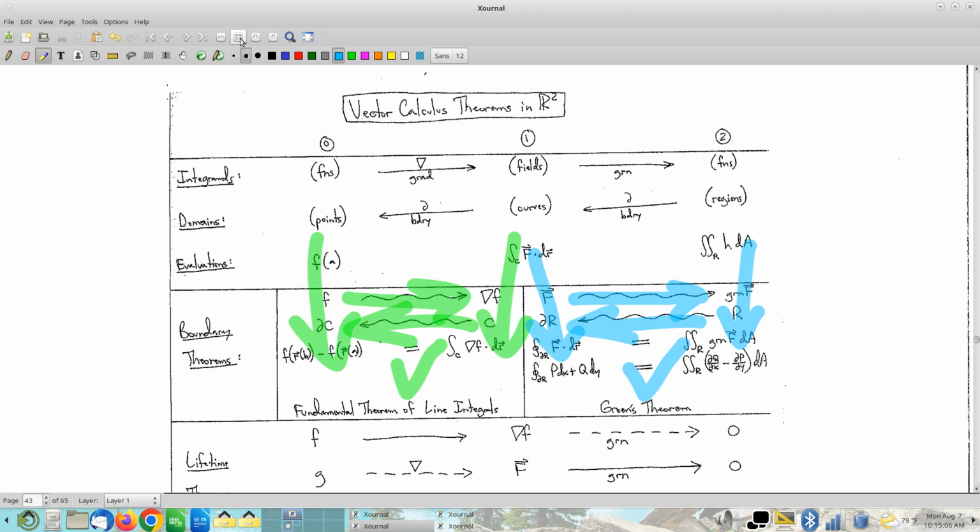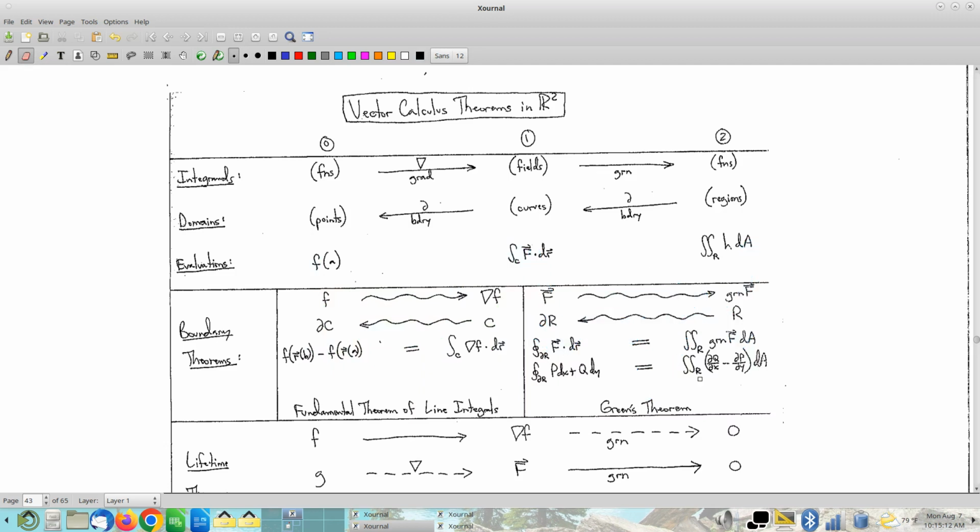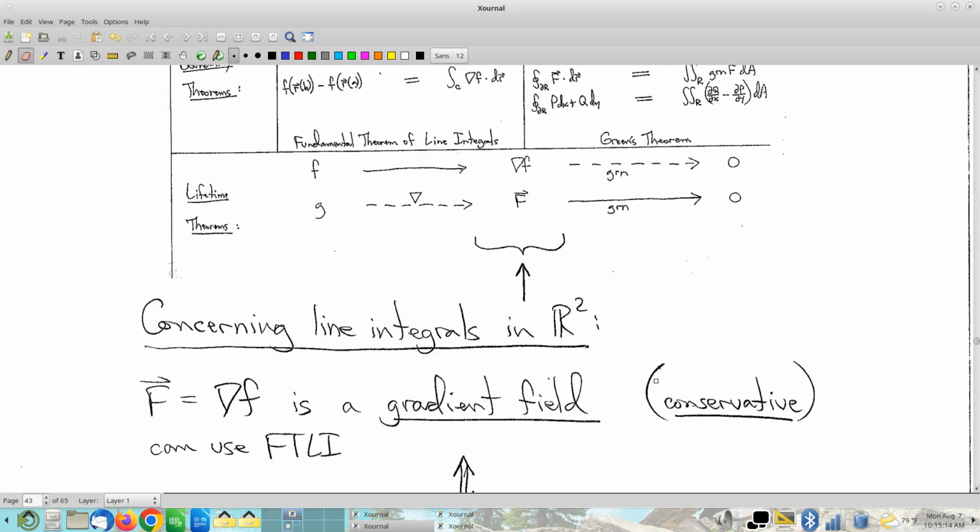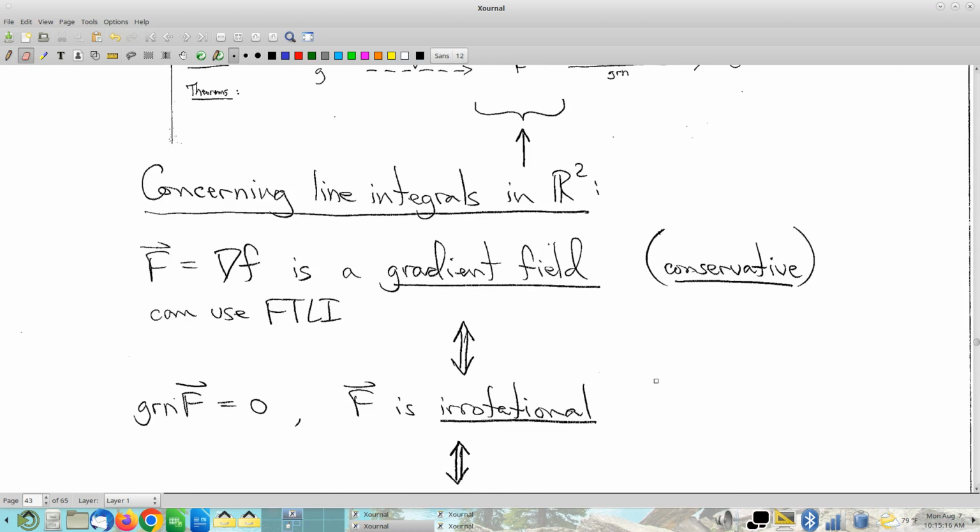Okay. All right. Here's another thing I want to talk about on the diagram, and this is what I've got written down below here. There are some special vector fields, and I just want to remind you how to think about them. Specifically, we're talking about gradients. Gradients are special vector fields, and they're special in various senses.